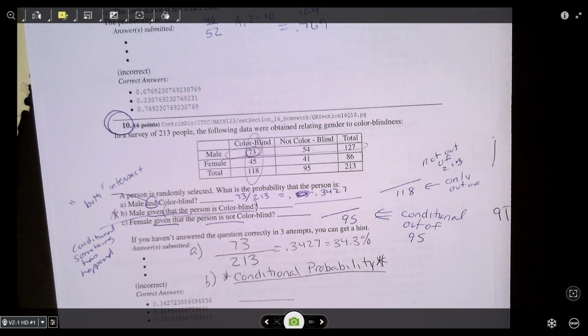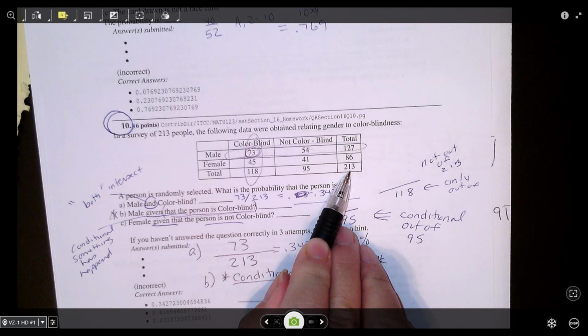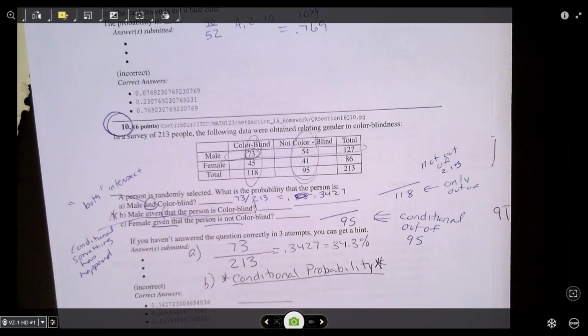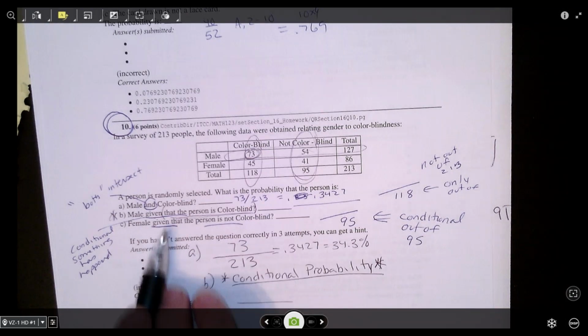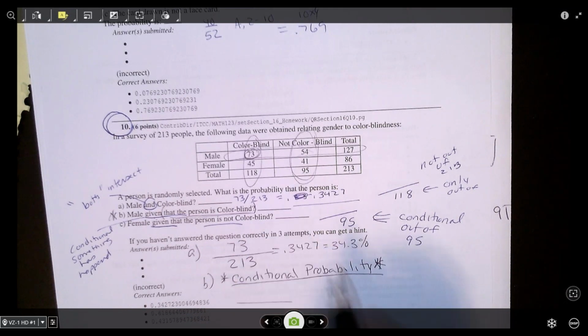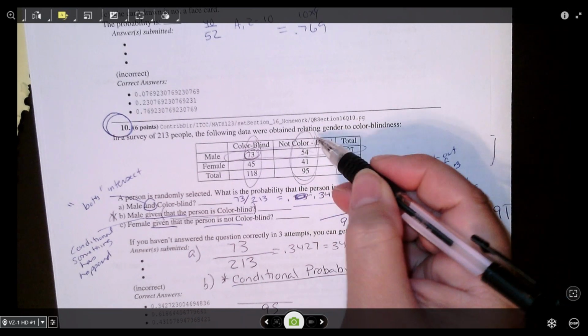It's like if you're all in a room, it says everybody leave except those of you that are colorblind. So no longer do we have all 213. They've already narrowed it down to just this column right here. You can be narrowed down to a column or a row. It's whatever you're given. And they won't always use the word given. But they're telling us this has already happened. We're only selecting out of that 95 that are colorblind. Oops, that's not colorblind. Sorry.